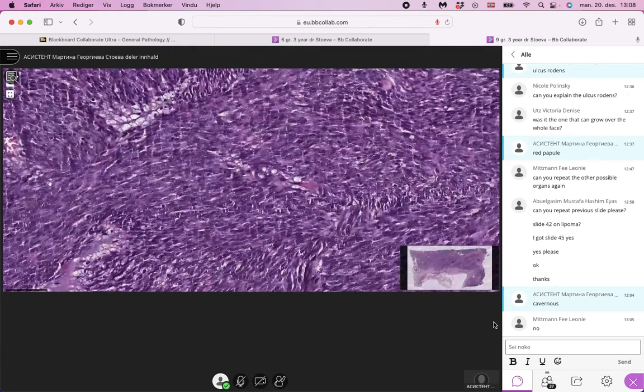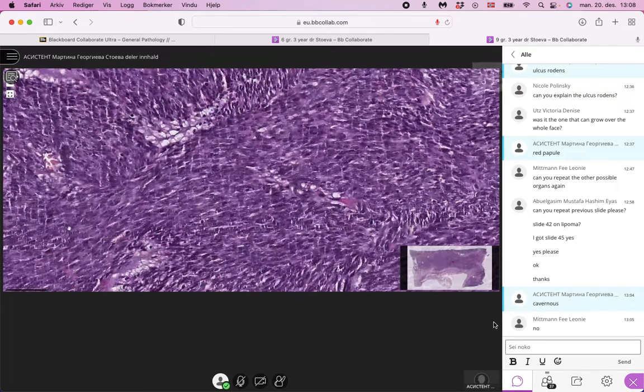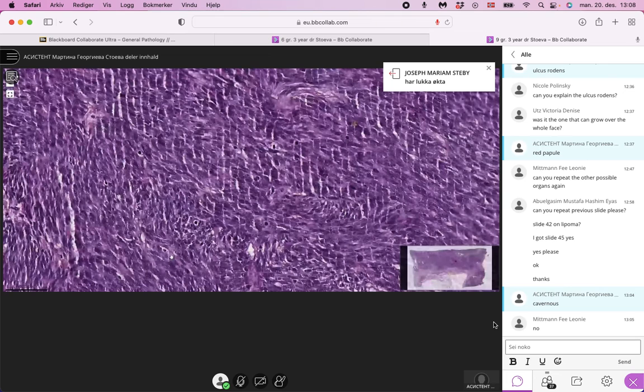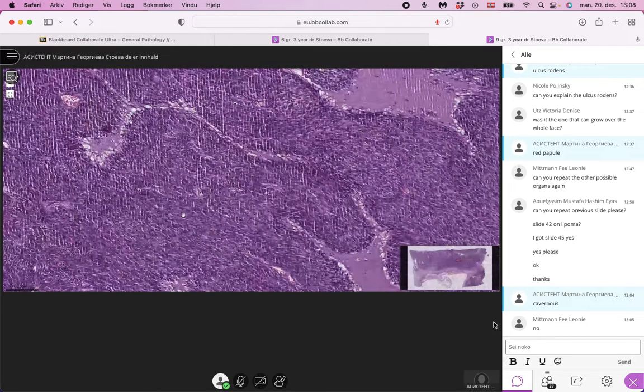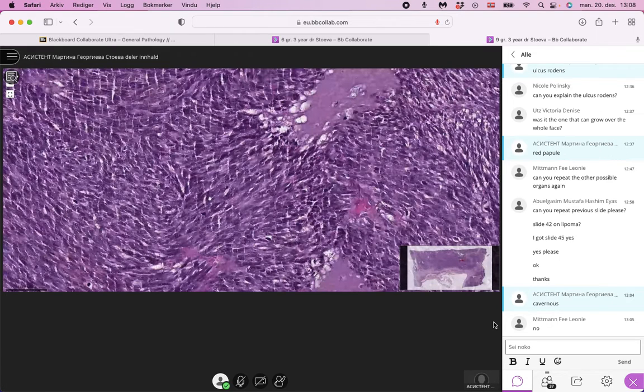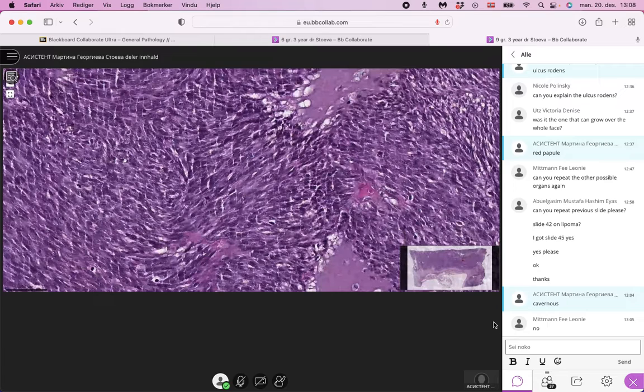The angle that is formed between the adjacent fascicles. Here it's seen again this way, and the other fascicle is cut in a different way.